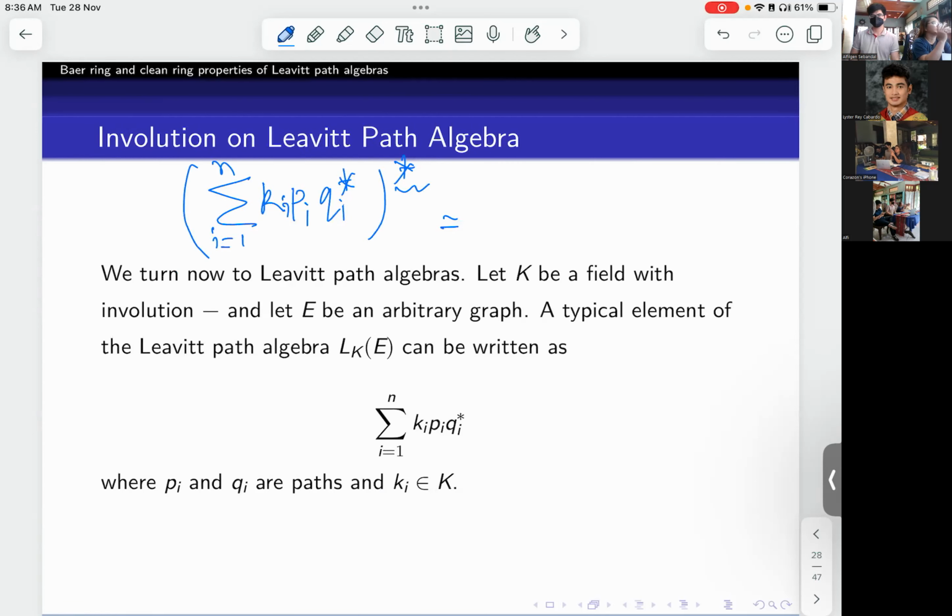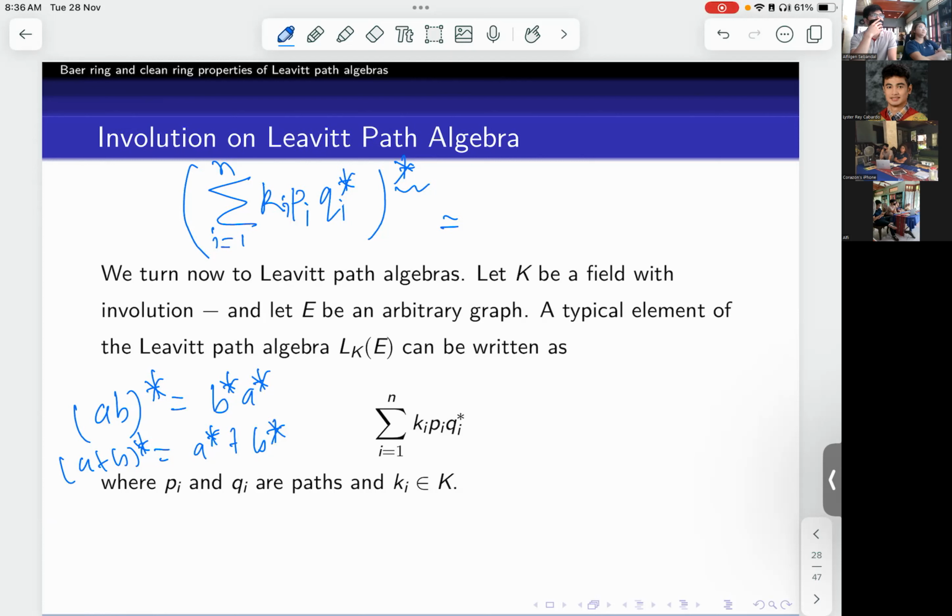So what would be the natural way to think of this? We had that (ab) star was b star a star, and (a plus b) star was a star plus b star.